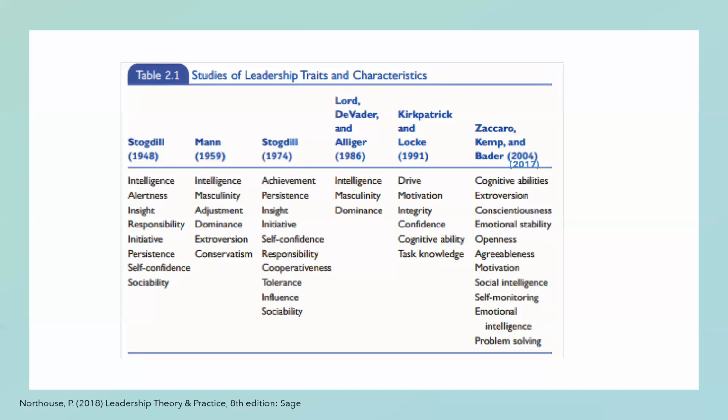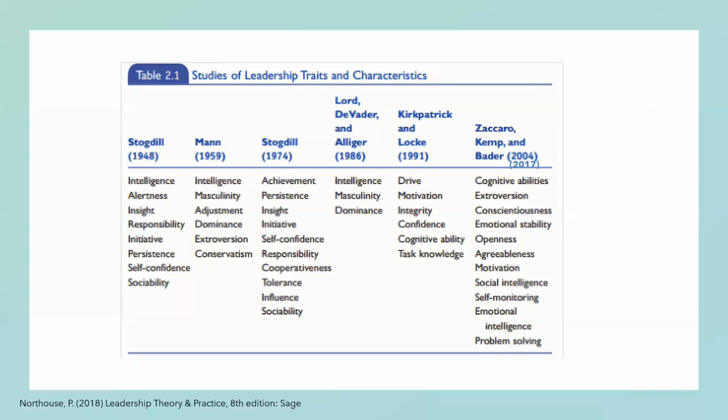And in this study, they narrowed Mann's list of 6 down to a list of 3 traits: intelligence, masculinity, and dominance. And that's where they concluded that those were 3 significant traits related to how leaders were perceived.